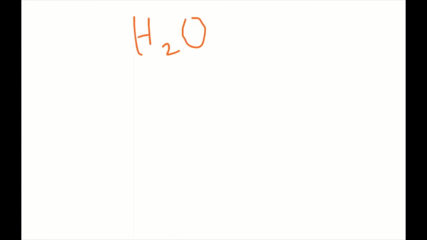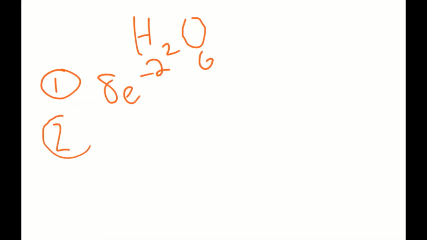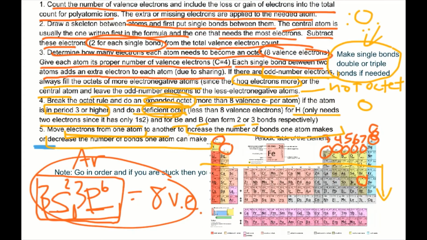Let's try out this. How do you draw the Lewis structure for water? Well, step 1, count the number of valence electrons. Each H has 1, so there's 2 there, and oxygen has 6, so there are 8 valence electrons total. Step 2, put the atom that needs the most electrons as the central atom, because the central atom is usually the one that needs the most electrons.